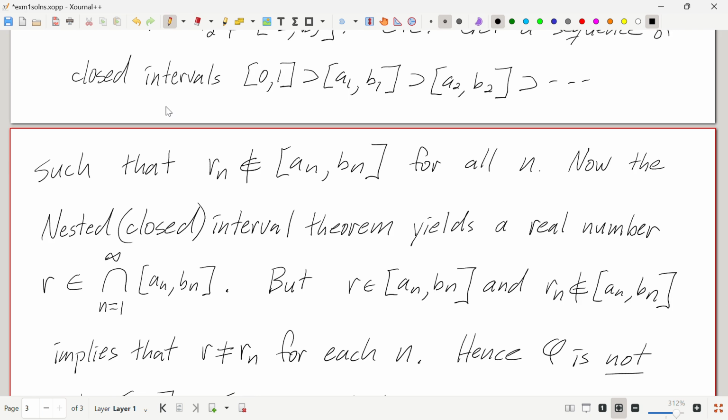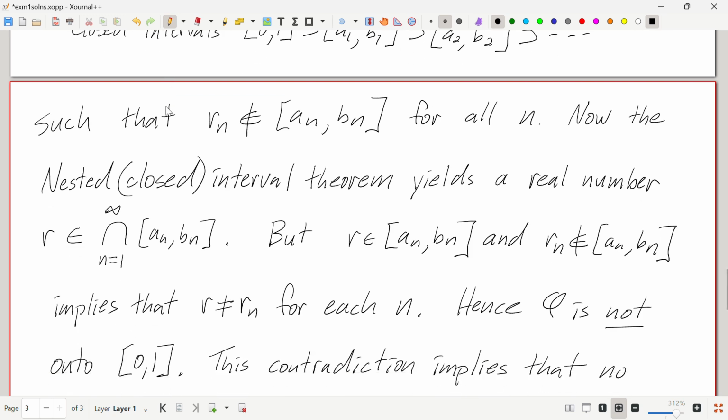And if you look above, I have that r would be in An, Bn, because it's in all of them. But remember, the An, Bn was chosen so that rn is not in An, Bn. So that means that r couldn't possibly be equal to rn. And that's true for each n.